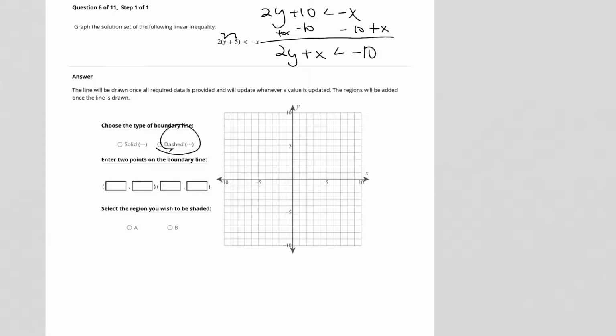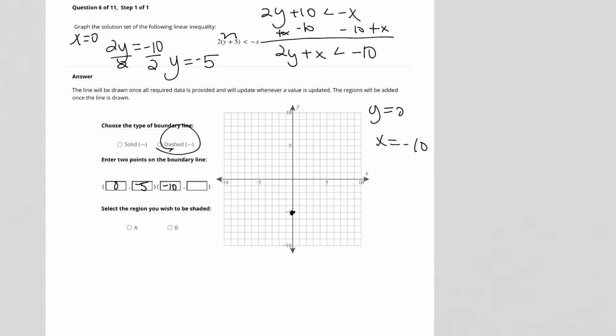So when I look at this problem, if x is 0, that leaves me with 2y equals negative 10. Divide by 2. Y is negative 5. So one of my points is 0, negative 5, which is right down here. If I let y equal 0, that leaves me with x equals negative 10.